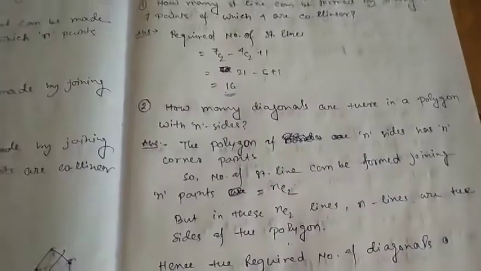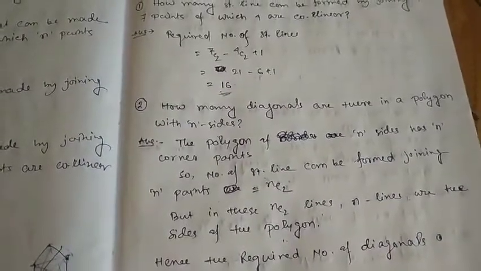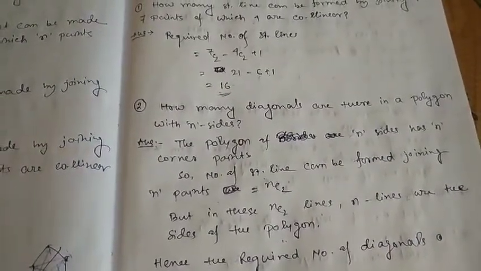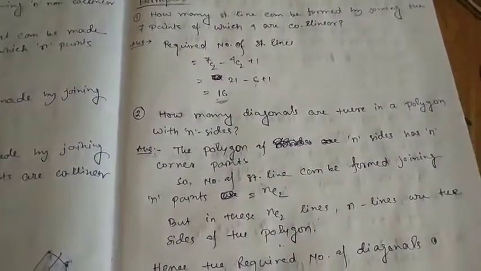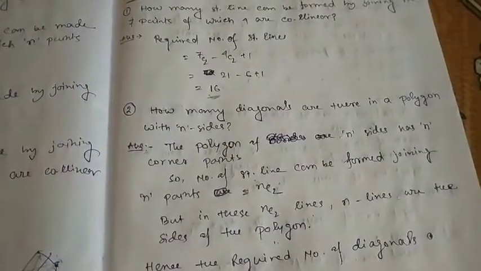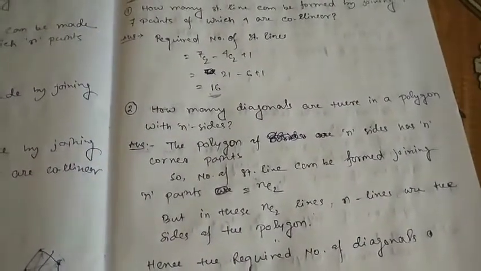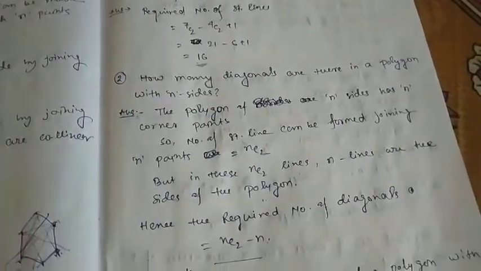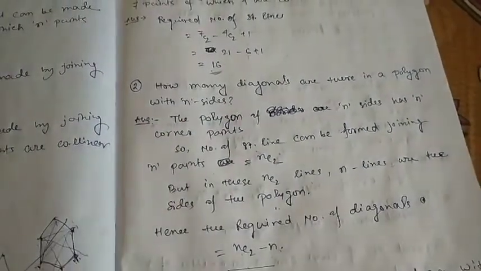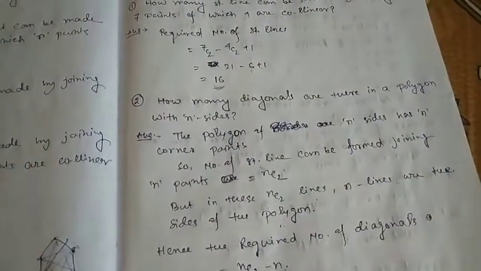Now, as the polygon has n sides, correspondingly the polygon has n corner points, of which all are non-collinear. So the number of straight lines joining these n points is nC2. But we have to find the number of diagonals.